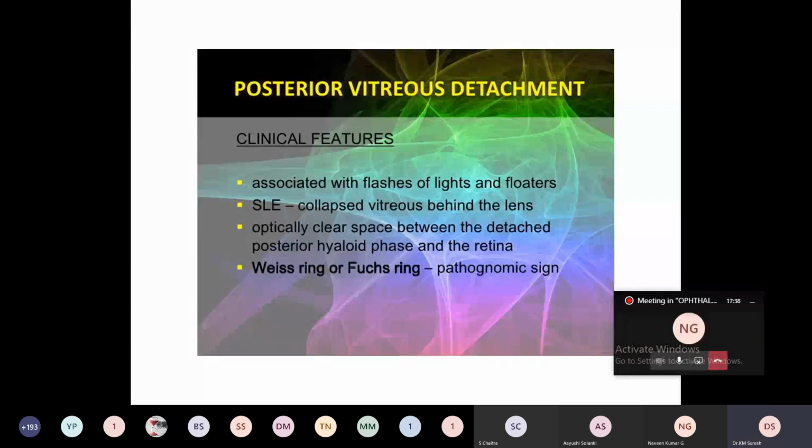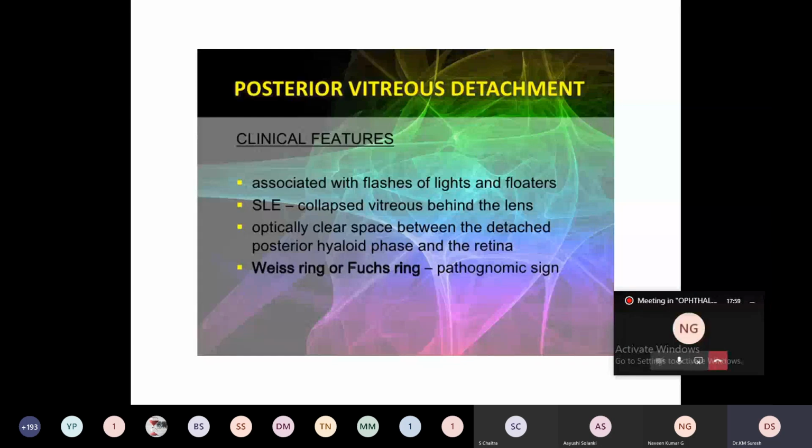The clinical features of posterior vitreous detachment will be flashes of light and floaters. Slit lamp examination shows collapsed vitreous behind the crystalline lens. There is an optically clear space between the detached posterior hyaloid face and the retina.